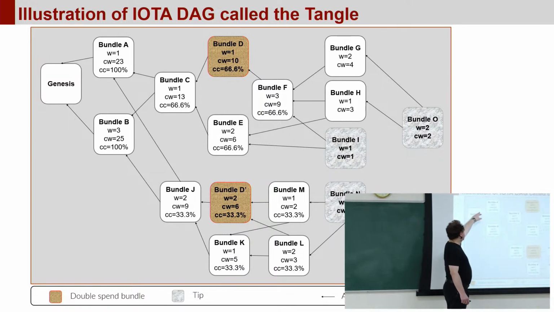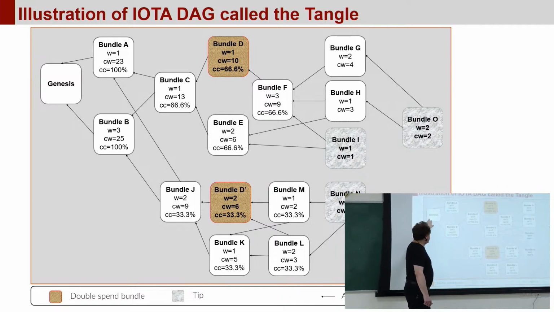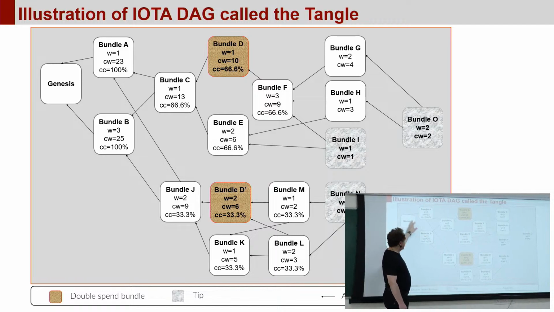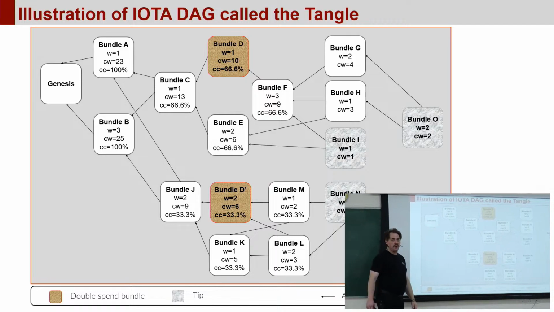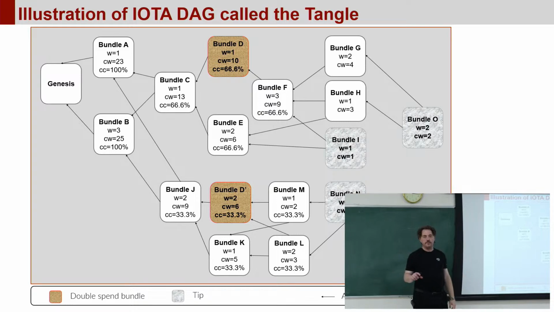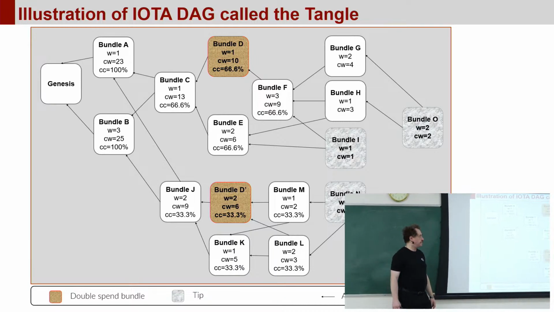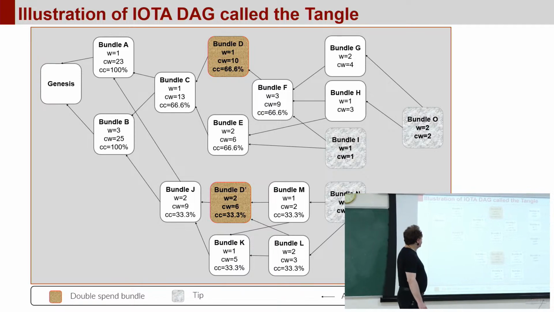Okay, so the Genesis transaction, and then we have new transactions, and each transaction, as you can see, may refer to up to two previously existing transactions, previously existing vertices in the graph, right?